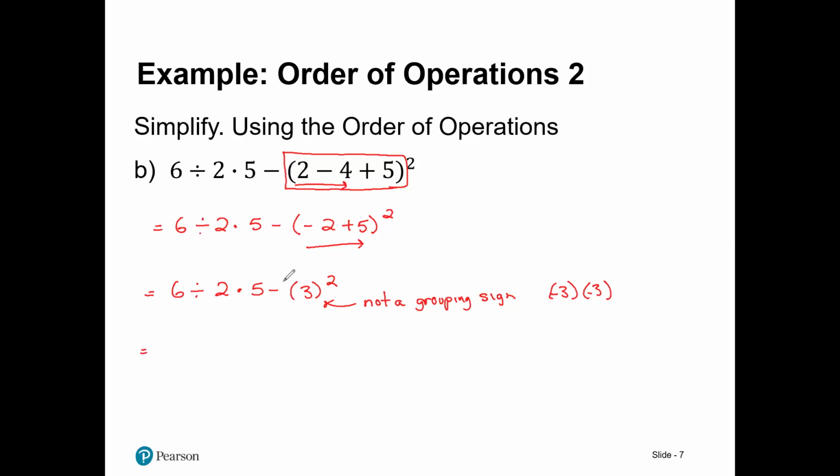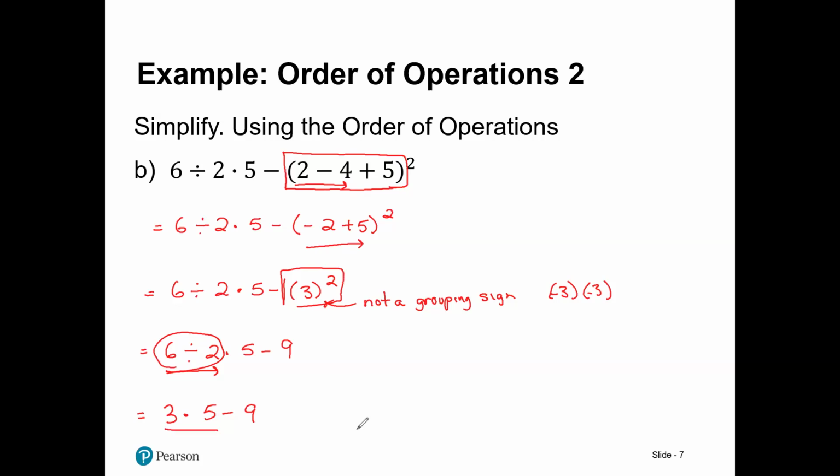But in this case, this is the part we have to deal with next because I have 3 times 3, which is going to be 9, because I have to do my exponent. Now, going left to right, multiplication and division, I hit the division first. But because I hit the division first, I have to do the 6 divided by 2 first, which is going to give me 3.